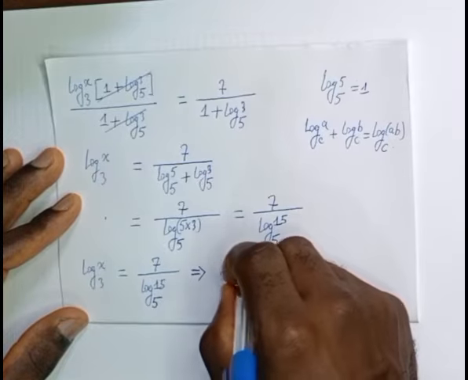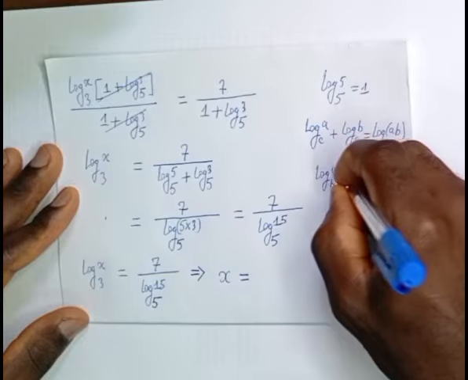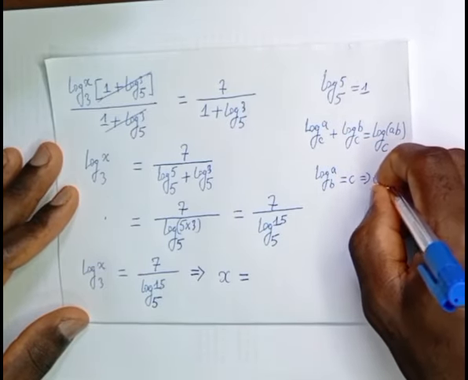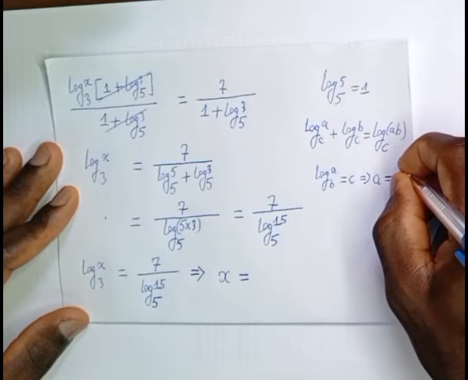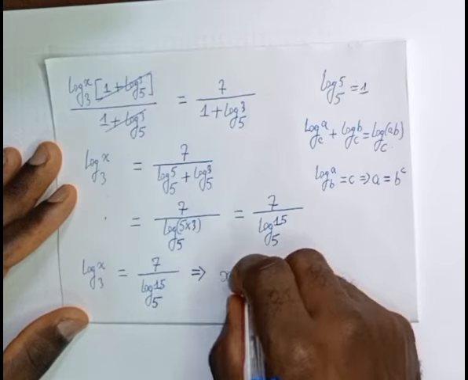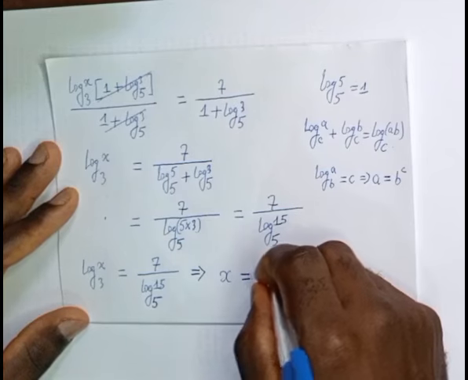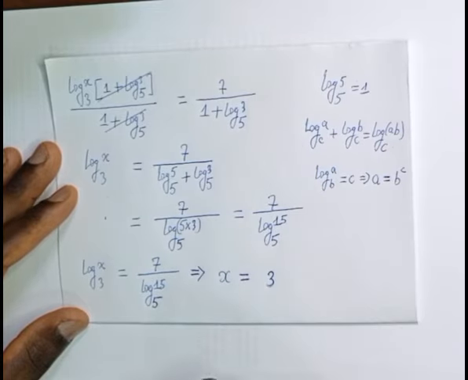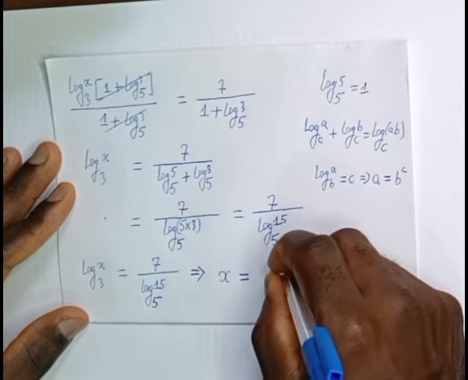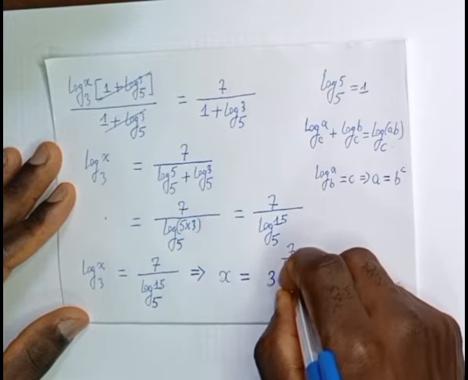Remember, if we have the log of a base b is equal to c, then a will simply be equal to b raised to the power c. Applying this formula, this will give us x to be equal to, you will see the base at the left hand side is 3. It will simply be 3 raised to the power 7 all over the log of 15 base 5.